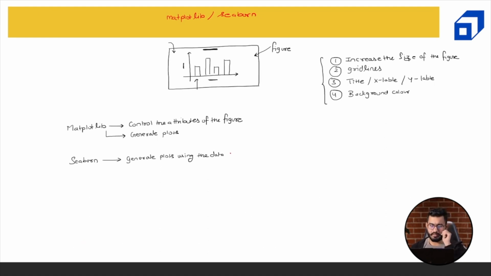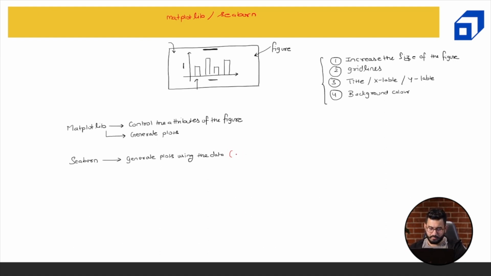Seaborn generates plots which are very clean, and it also provides so many functionalities that you can add more variety to your plot. Generating a plot using Seaborn is much easier than Matplotlib.